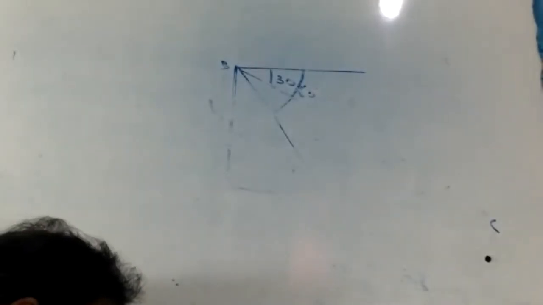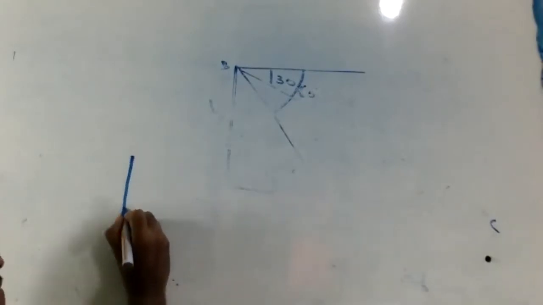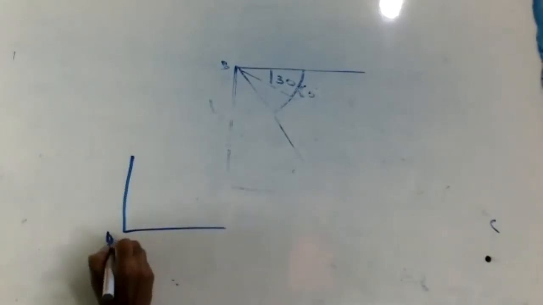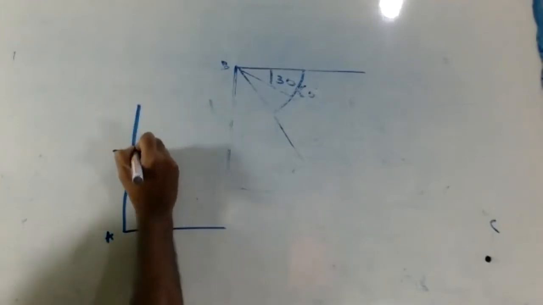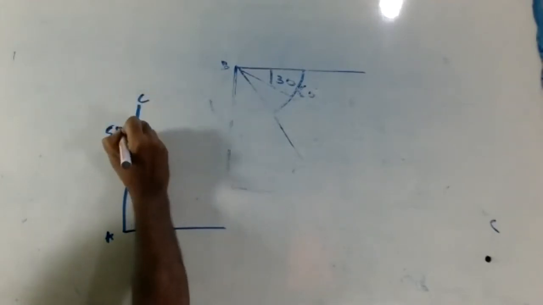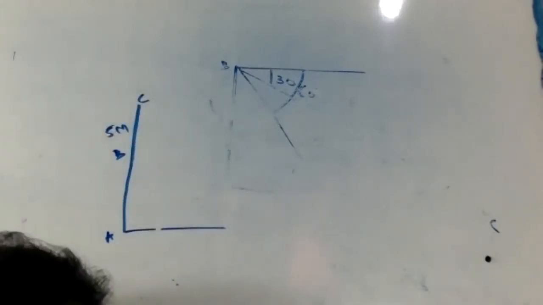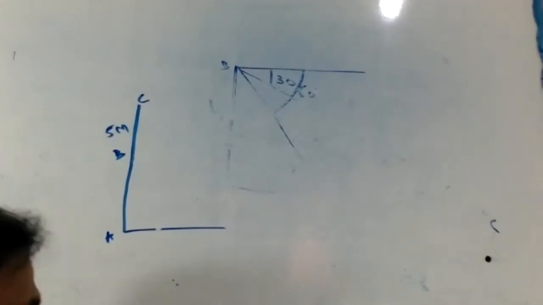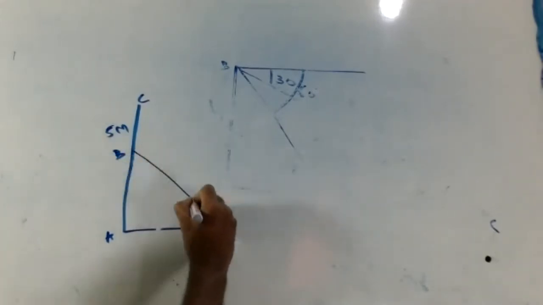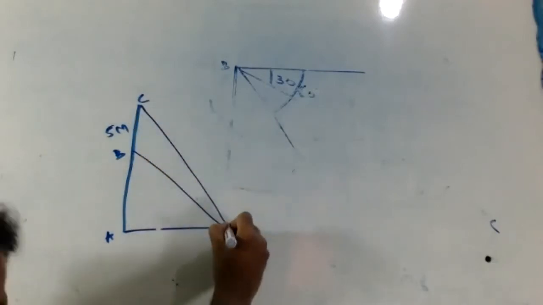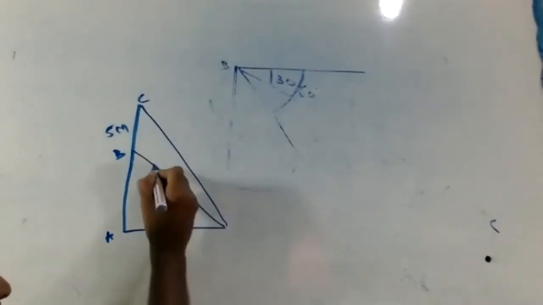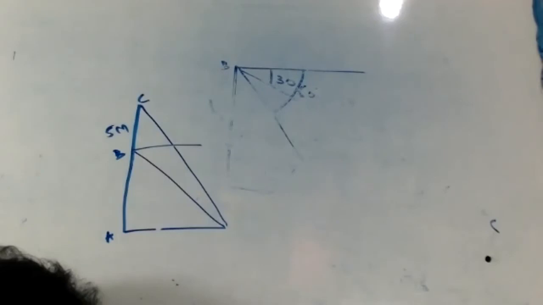A pole 5 meter height. Okay, A, B, C. This is 5 meter. A pole 5 meter height is fixed on the top of a tower.